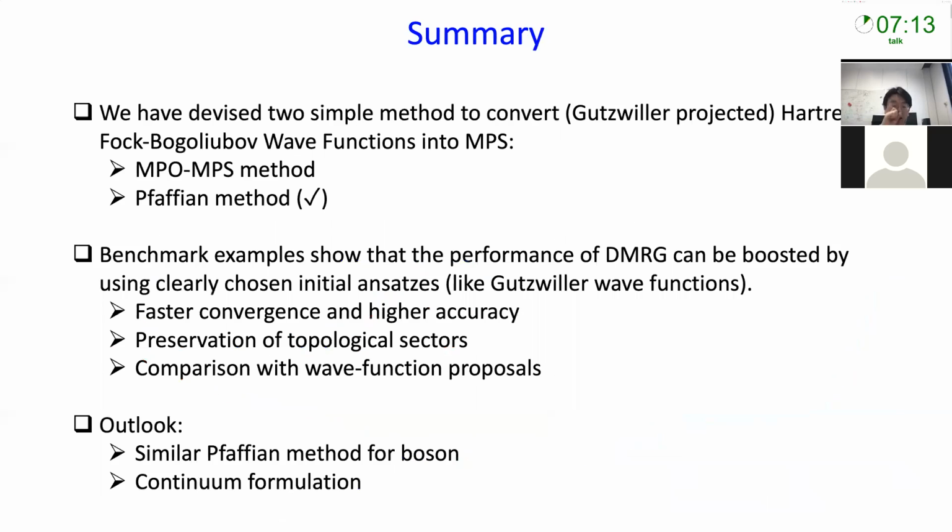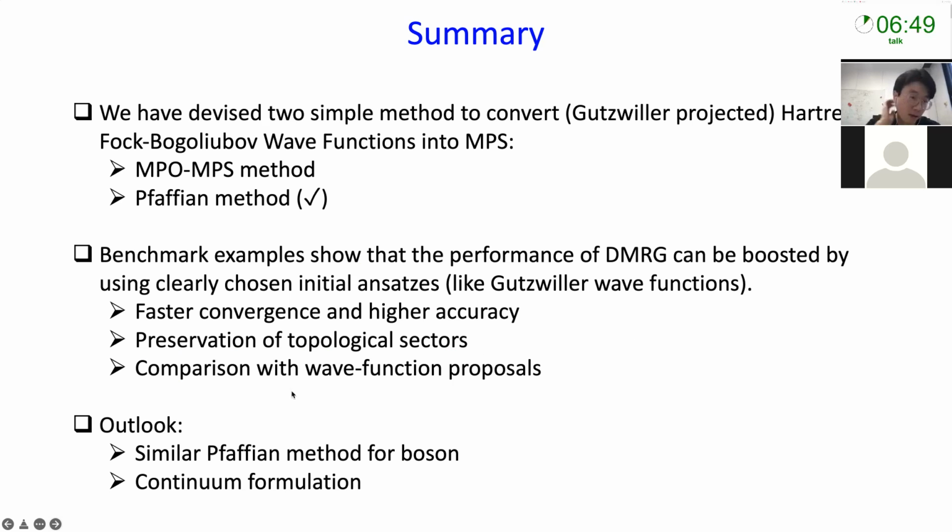Okay, I think I have used a lot of time, so I will do a very brief summary. We devised two simple methods to convert the Hartree-Fock-Bogoliubov wave function into an MPS, and we show the Pfaffian method is more efficient. We used the Kitaev model and the Kitaev honeycomb model to benchmark our results and see some benefits from this method.